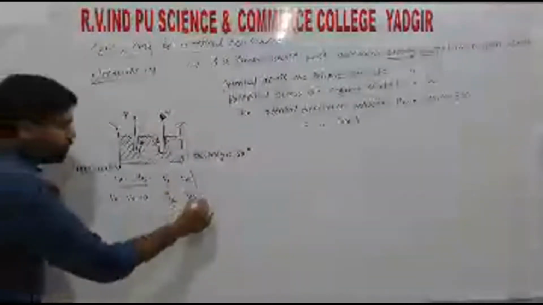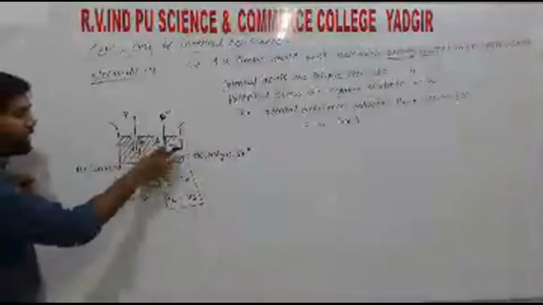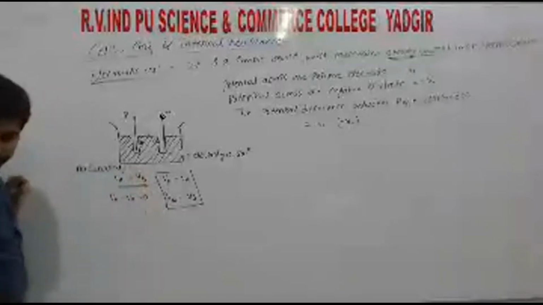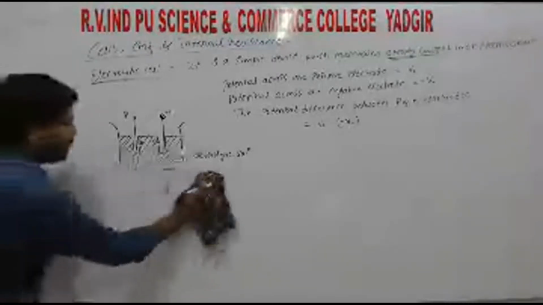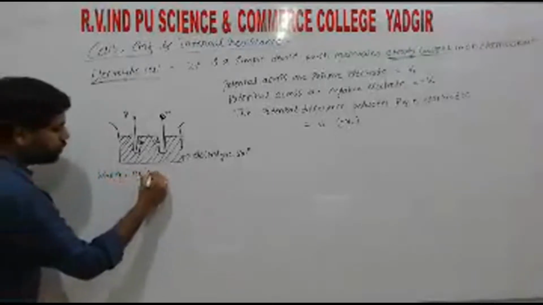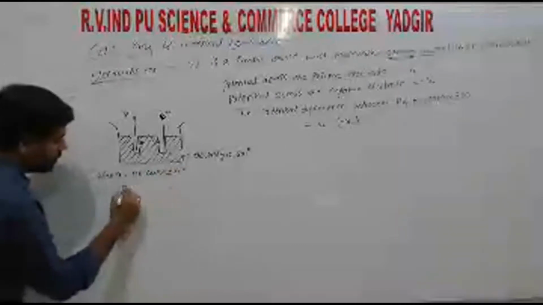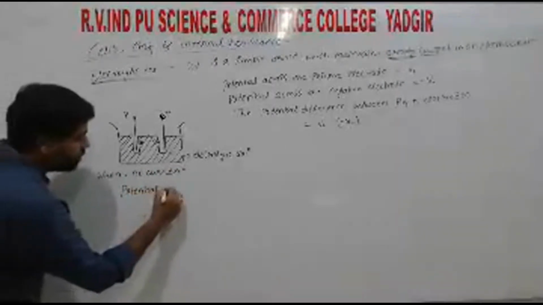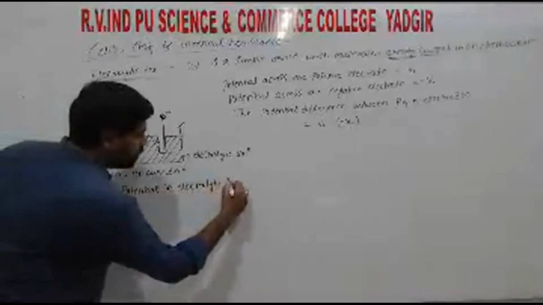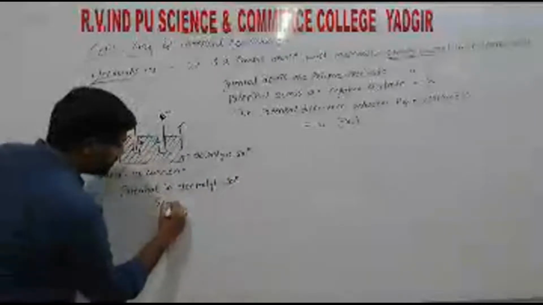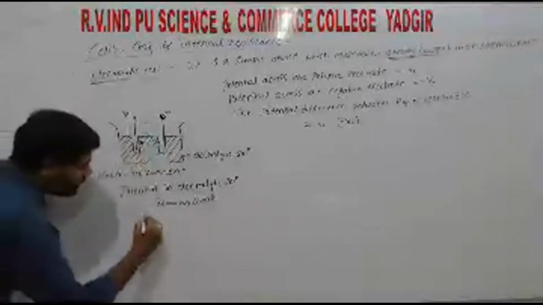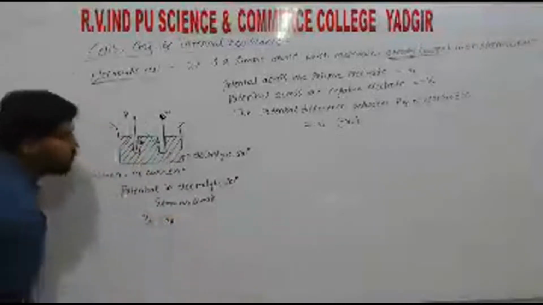We have no necessity to take this, because when there is no current, the potential in the electrolytic solution remains constant. Here we took two points, so that's why Va equals Vb.